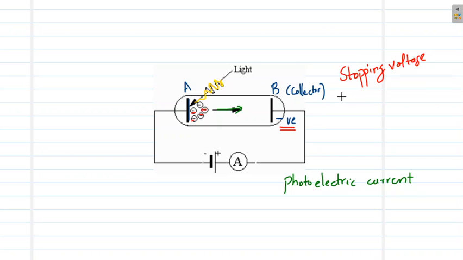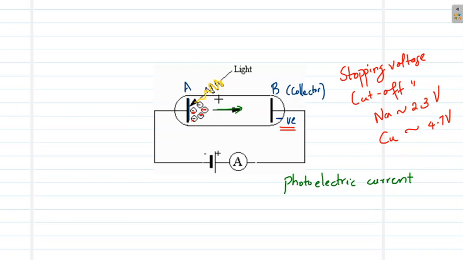And that is one of the experimental observations that was made. For example, in the case of sodium, this cutoff voltage or stopping voltage is 2.3 volt, and in the case of copper, this stopping potential is 4.7 volt. So this is one of the experimental observations made with regard to the potential at B. The stopping voltage or the cutoff voltage is where no electrons can reach the B plate and no photocurrent is obtained.